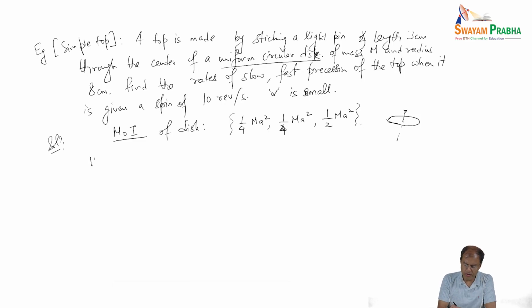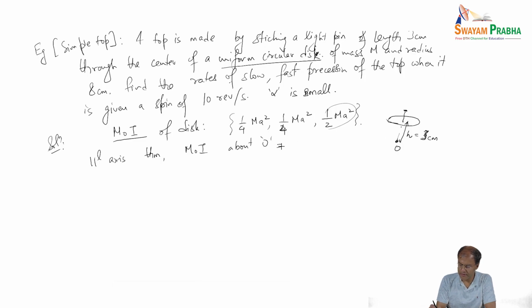And then using the parallel axis theorem, we find the moment of inertia about the pivot point O. So this is a pin, and it is given that the pin has length, let us say the length is h, and h is given to be 3 centimeter here. So by the parallel axis theorem, all the moments of inertia will change.